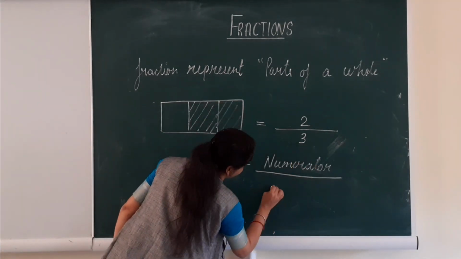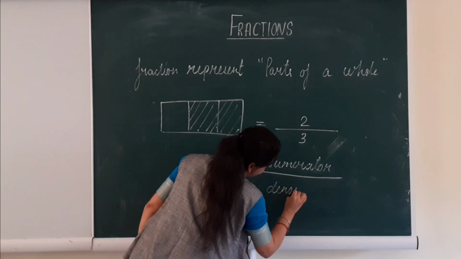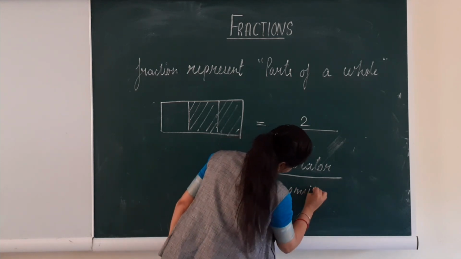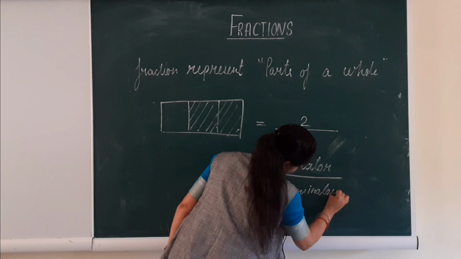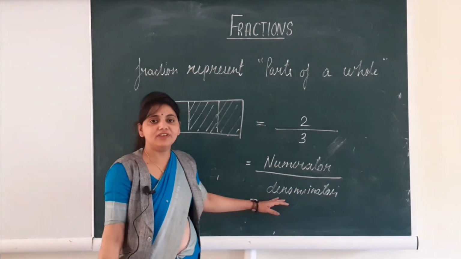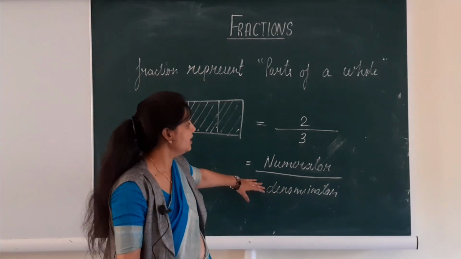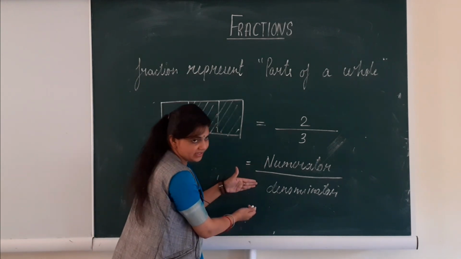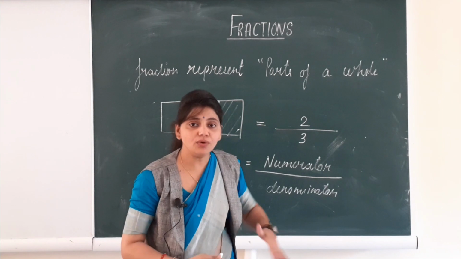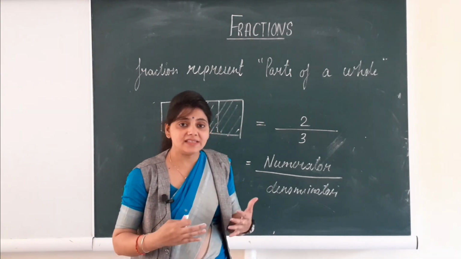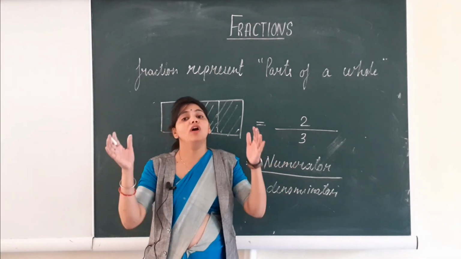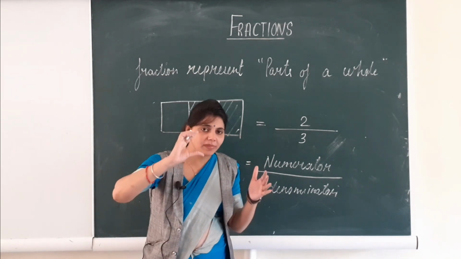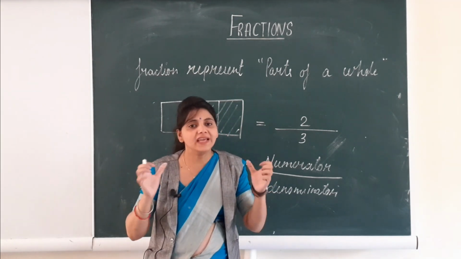Next, this 3 is the denominator. So our definition will be: a fraction is represented as numerator upon denominator. As I told you, a fraction is a part of a whole.